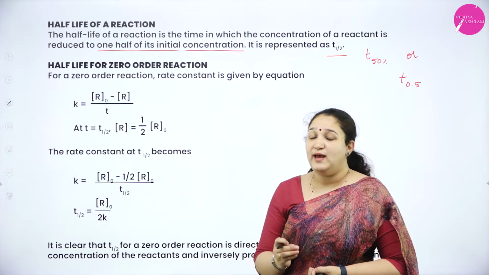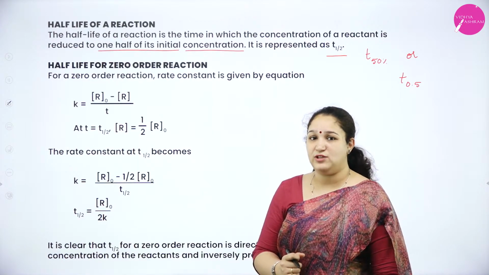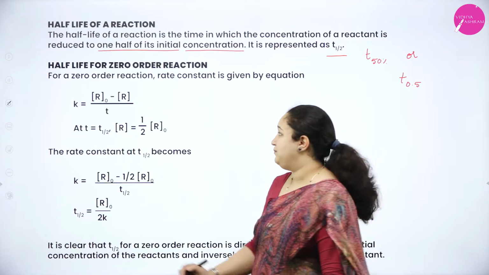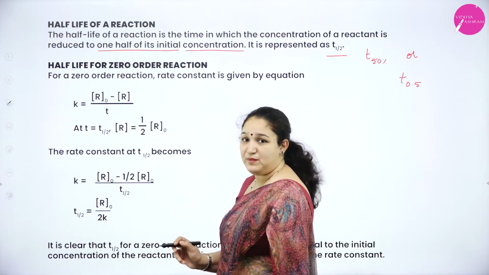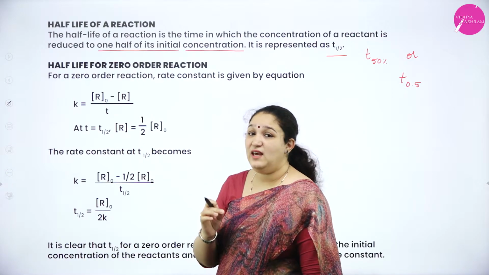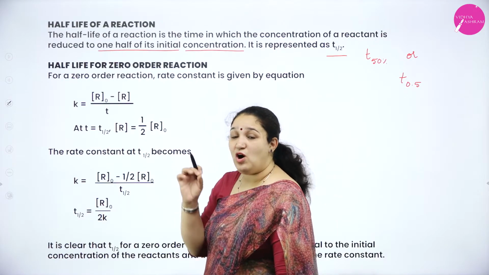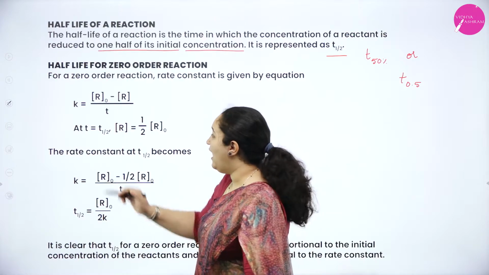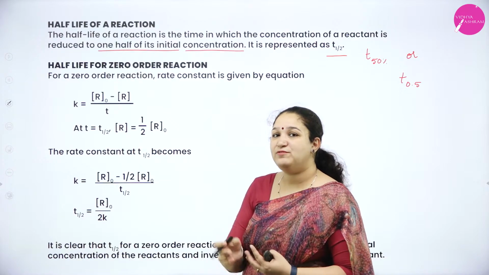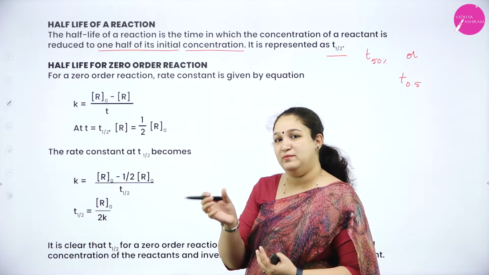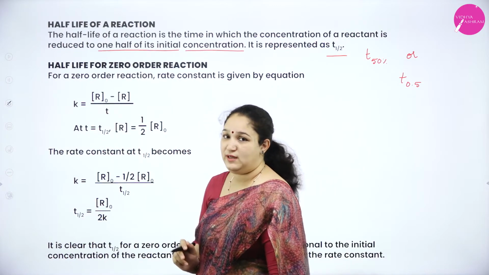Last class we had derived the integrated rate equation for zero order reaction, and the equation we got is K is equal to R naught minus R by T. Here R naught is the initial concentration, and R is the concentration of the reactant after time T, that is, the concentration remaining after the duration of time T. So this is the integrated rate equation which we derived.